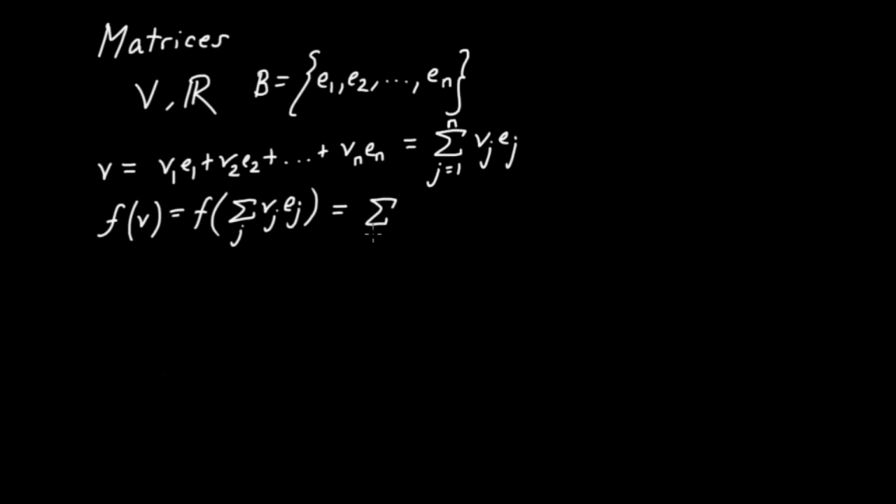So this is the sum over j of f of v sub j e sub j. And we also know, because of the linearity of f, that these scalars can be moved out front for each term in the sum. So we can write this as the sum over j of v sub j f of e sub j.